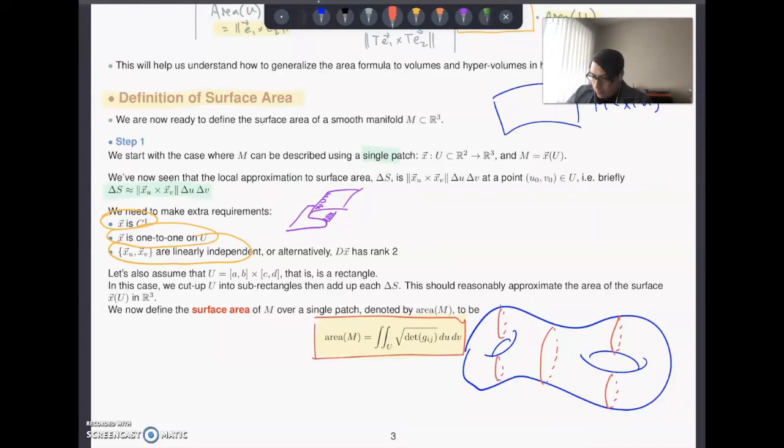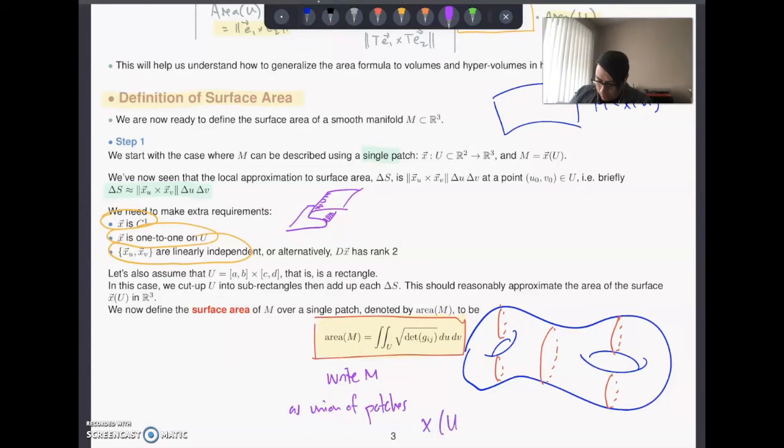So here we want to write M as the union of patches. Let's write it as maybe X of U_i, as in step 1, where step 1 is when it's just the image of a single patch.